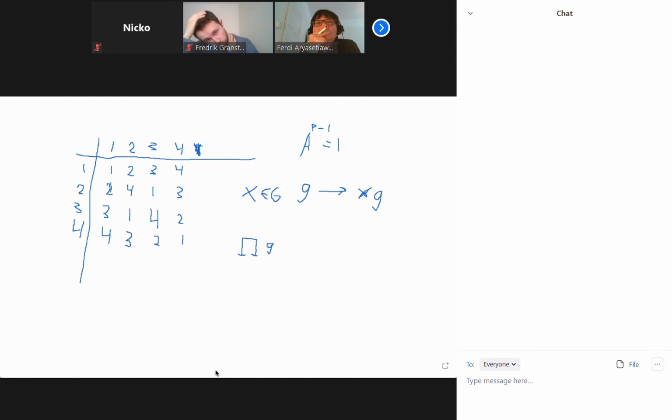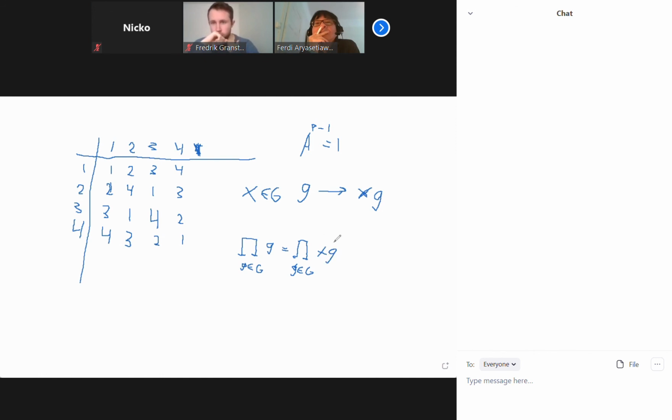So g is in our group, but this is the same thing as multiplying over these elements x g, because we said that this is just a rearrangement of this, or all these.